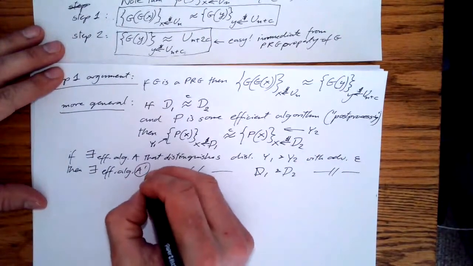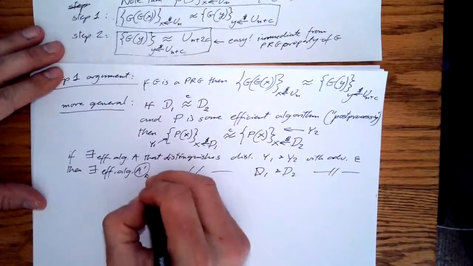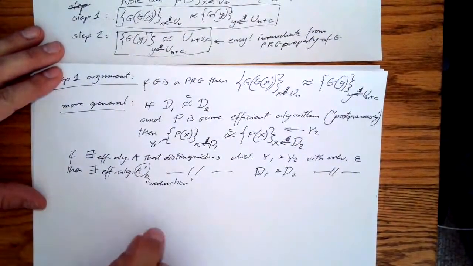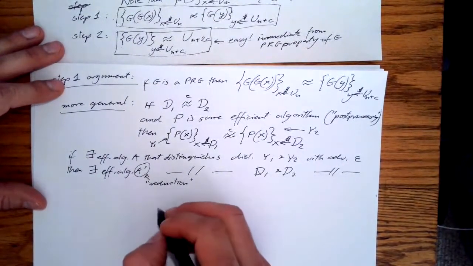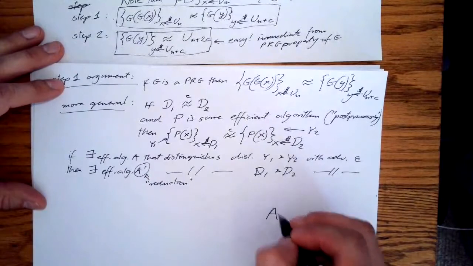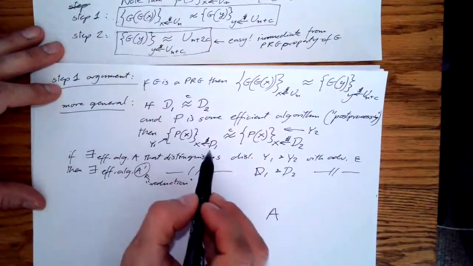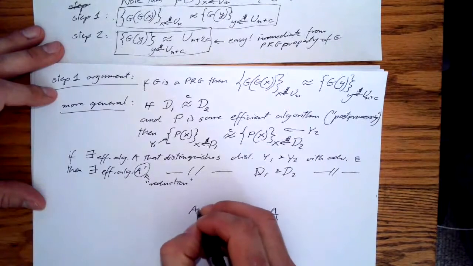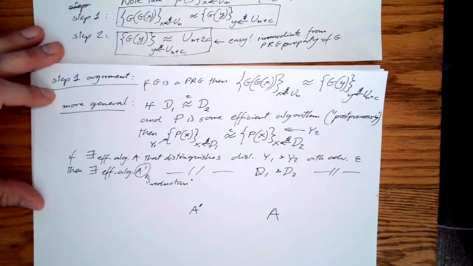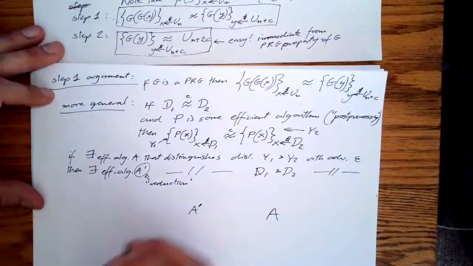This one is called the reduction, and it's very simple. So assume that there exists an adversary A that can distinguish things formed this way from things formed that way. I'll create this A prime that distinguishes things from this way from things from that way.